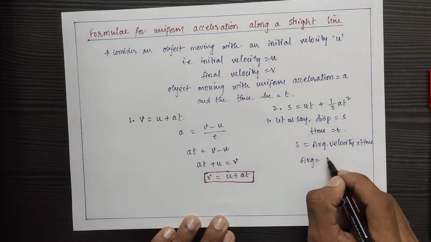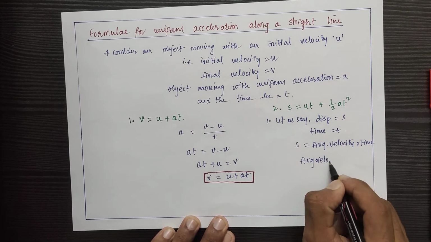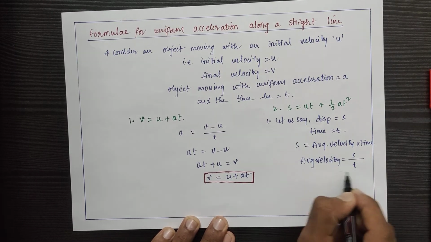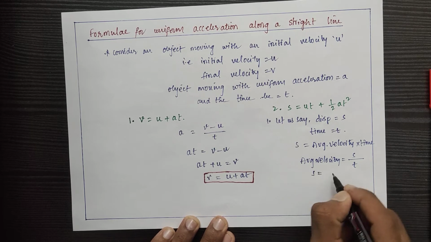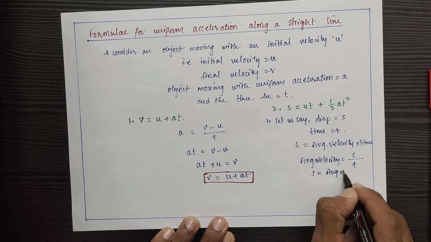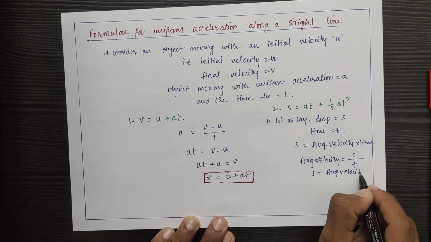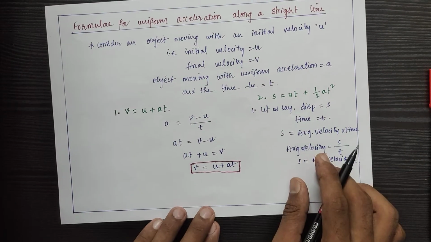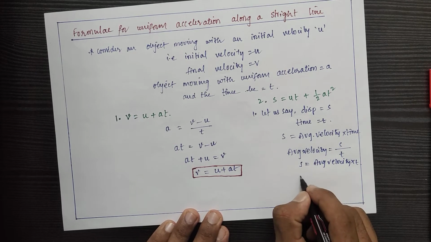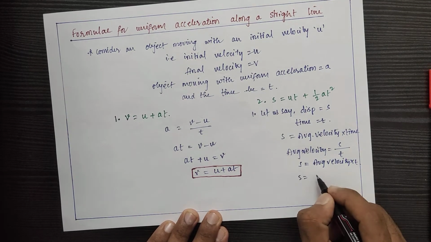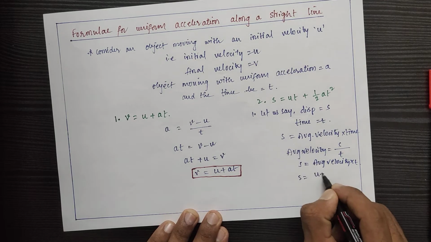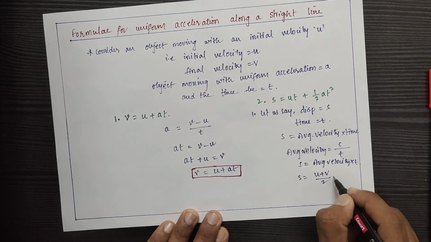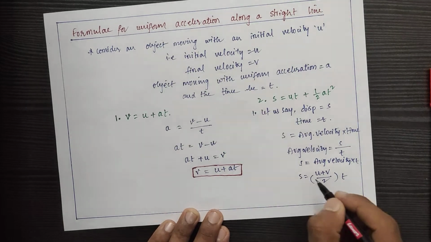That is nothing but, we know the average velocity formula, right? Average velocity is equal to total displacement, that is s, by time. By cross multiplying we get s equal to average velocity into time. Now s is equal to average velocity, that is u plus v, initial velocity and final velocity, by 2, into t.